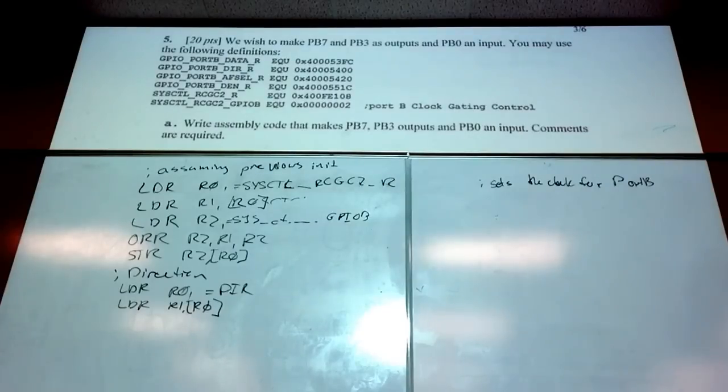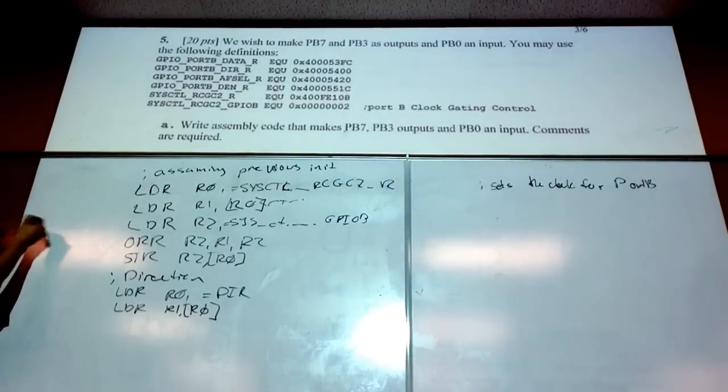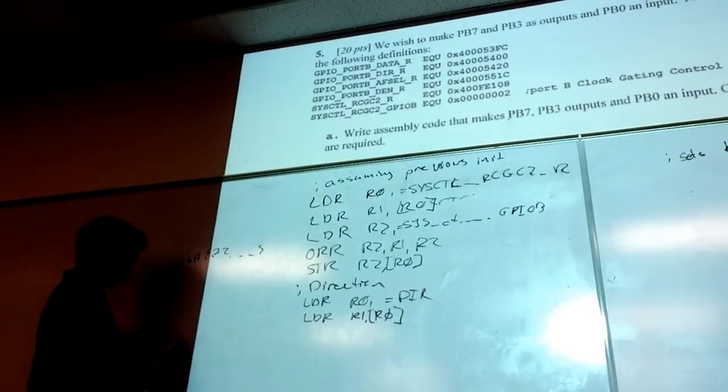If it doesn't, assume you can use whatever registers. How do you save them? Push and pop. You would push the registers you used, just like in LC3, in the list, and then at the end you would pop.